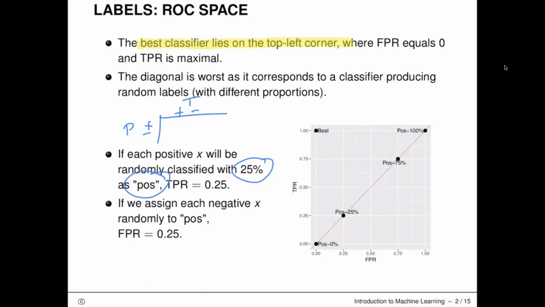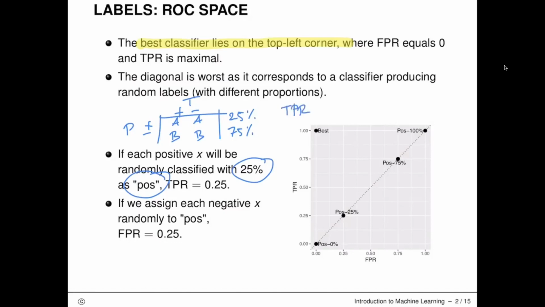It hasn't learned anything. So let's say in that case, we have 25% positive predictions and 75% negative predictions. So what we get here are just two different values, A and B, the absolute number of positives and the absolute number of negatives for the two classes.